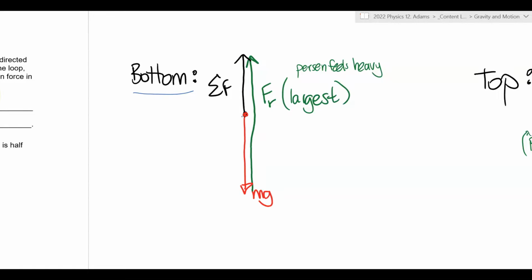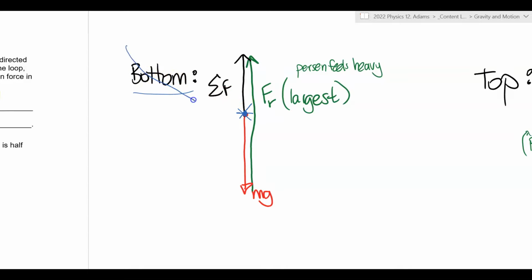Okay? If there's the center of mass of the object right there, the net force is our weight force plus a reaction force. And our net force has to be towards the center of the circle.